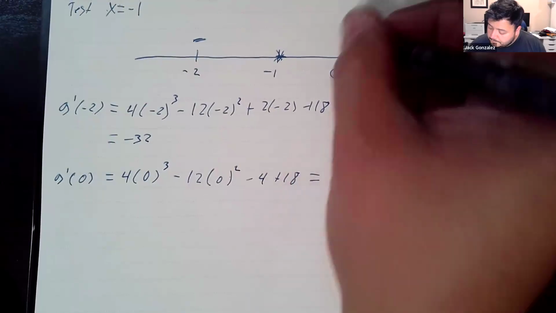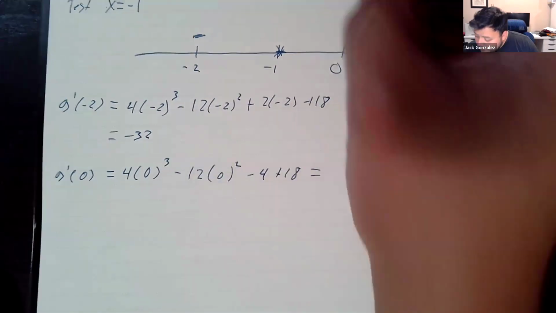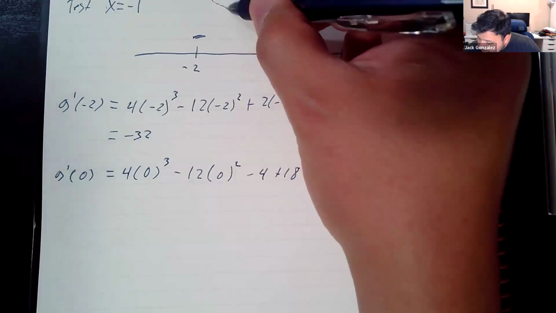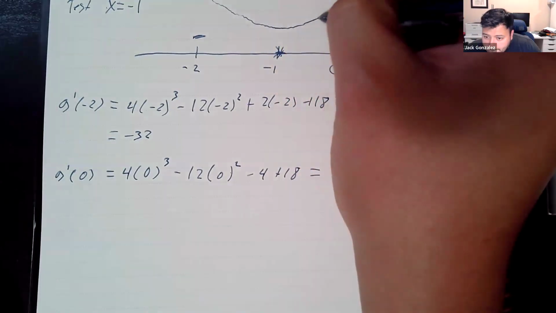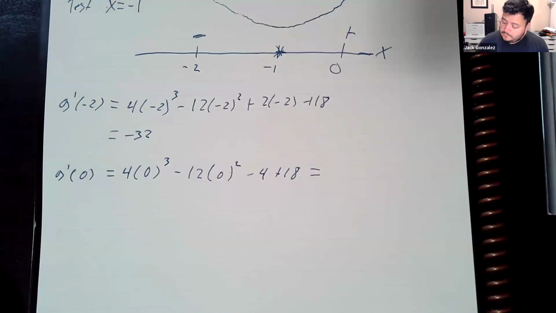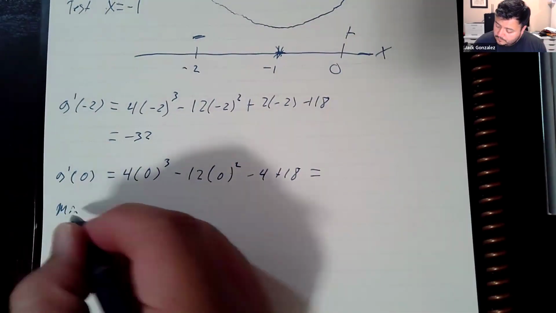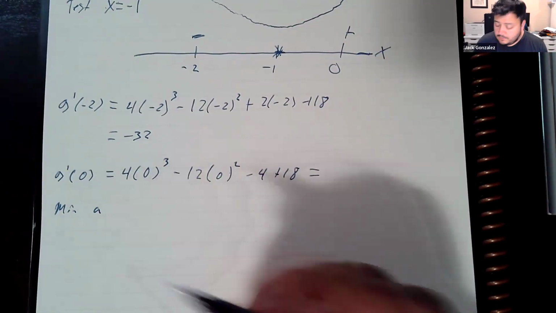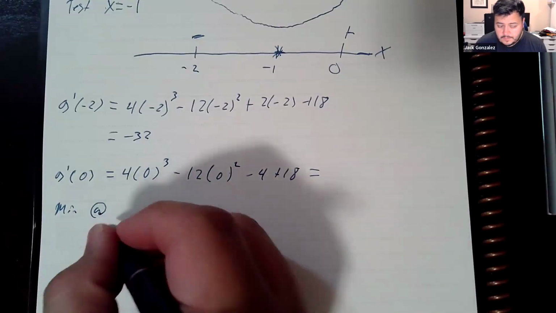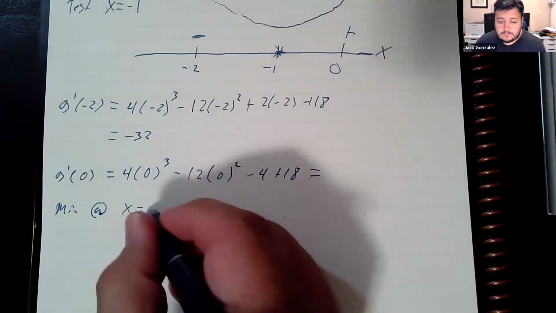That's positive. So we got decreasing, increasing. So minimum, and that's what we want, right? Minimizing the distance at x equal to -1.